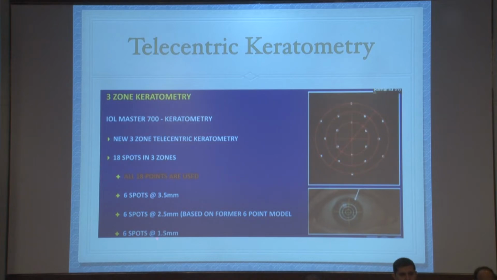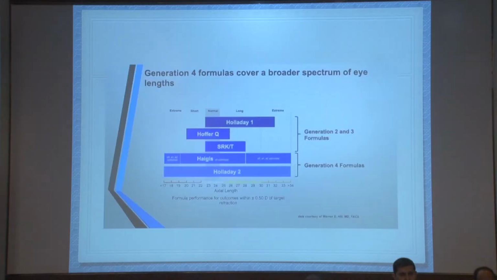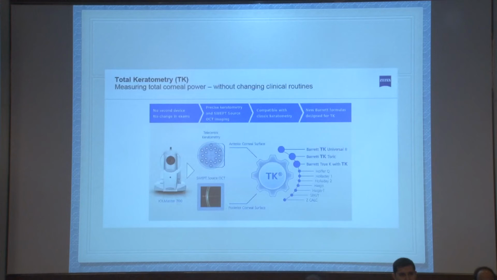We get 6 spots at 1.5, 2.5, and 3.5 millimeters. Another advantage of IOL Master 700 is that it gives us the total keratometry. This is the device which not only gives us information about the anterior but also about the posterior corneal surface, so we don't need to assume what the posterior corneal power will be.